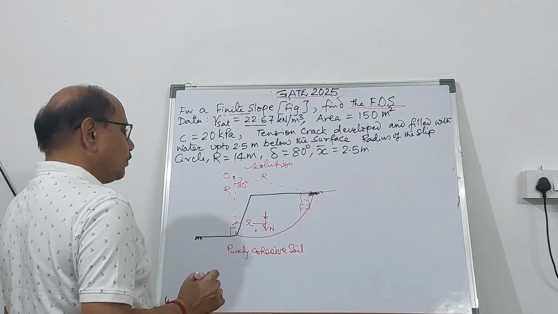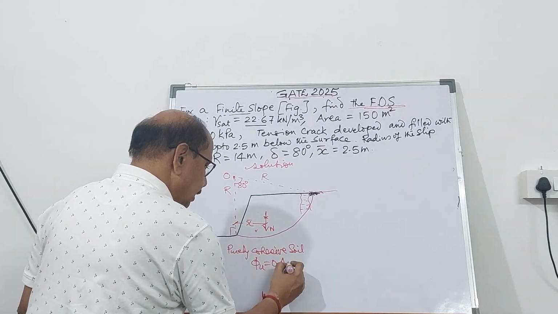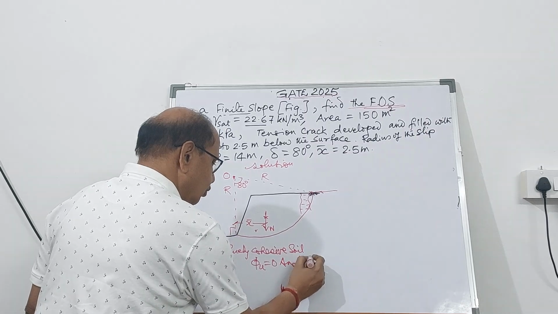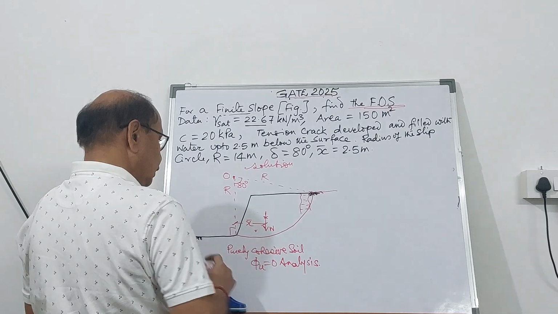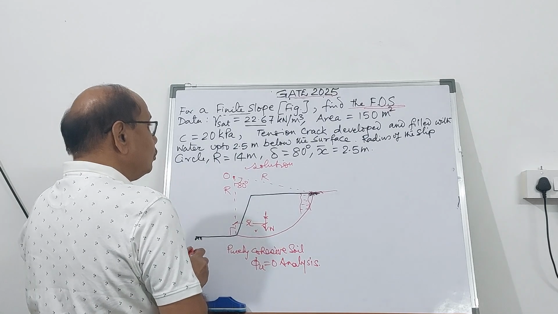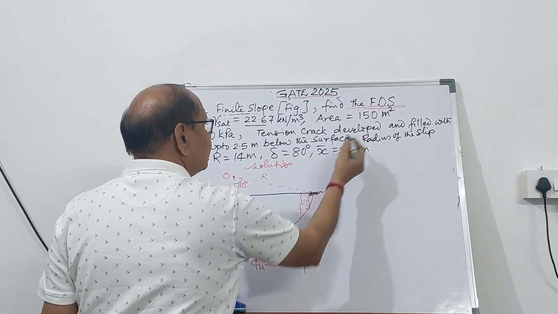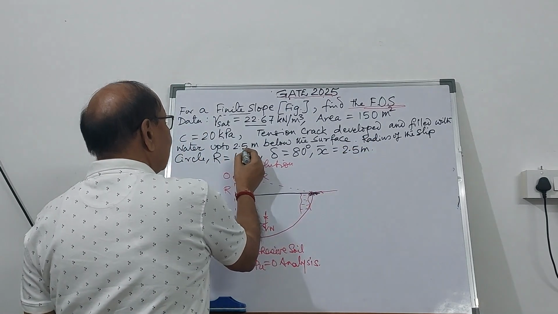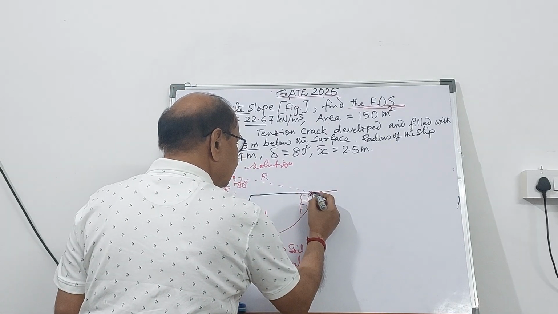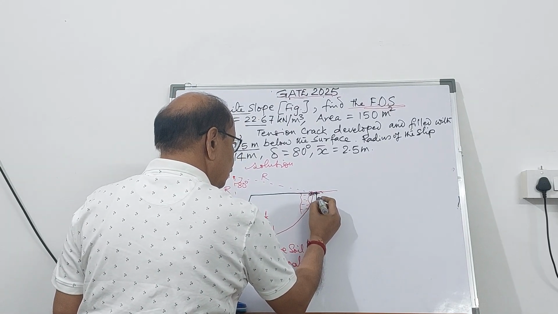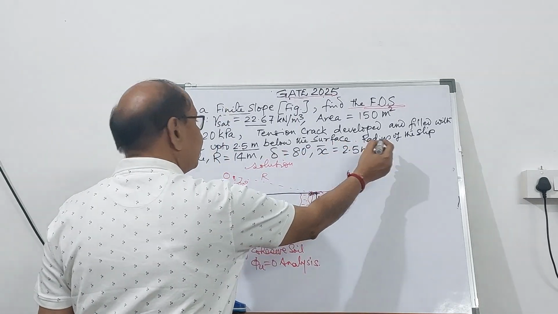Therefore, you can use phi u equal to 0 analysis to find out the factor of safety. Now, if you read out this problem, the tension crack is filled with water up to 2.5 meter. So this distance is 2.5 meter below the surface.